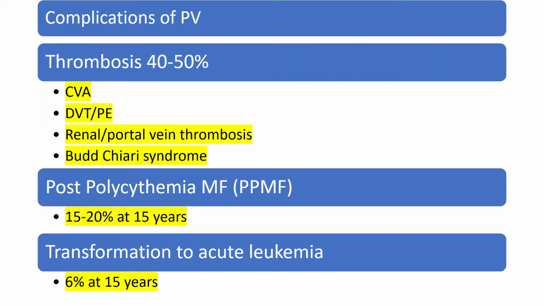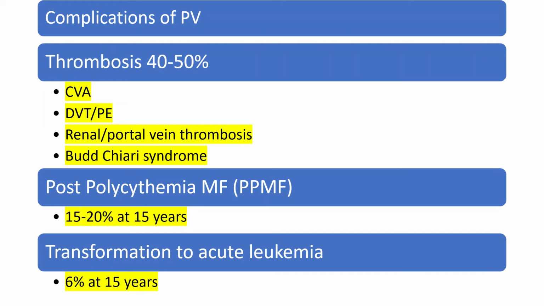Complications of polycythemia vera: the main feared complication is thrombosis, which occurs in 40 to 50% of patients with polycythemia vera, and it's a common cause of cerebrovascular accident, DVT, pulmonary embolism, renal or portal vein thrombosis, and Budd-Chiari syndrome. The most common cause of Budd-Chiari syndrome is polycythemia vera.